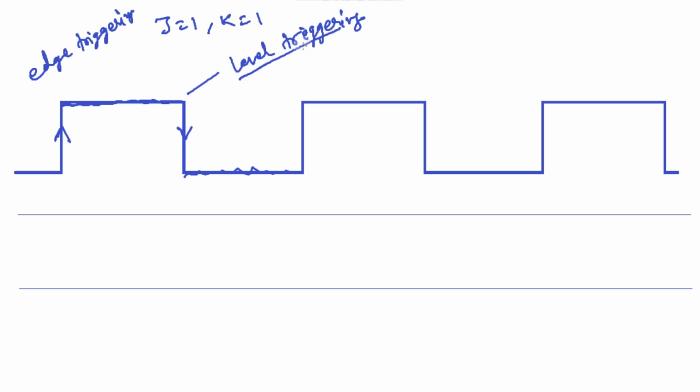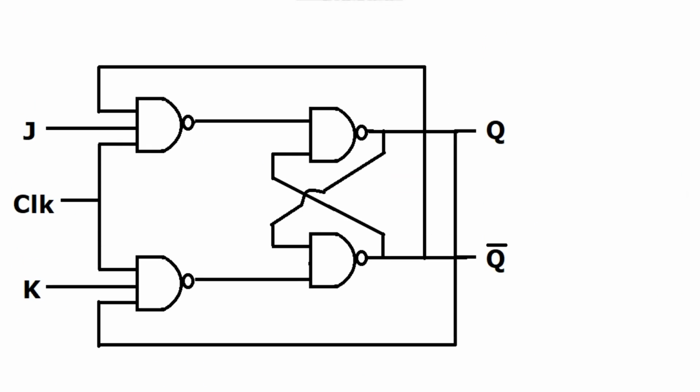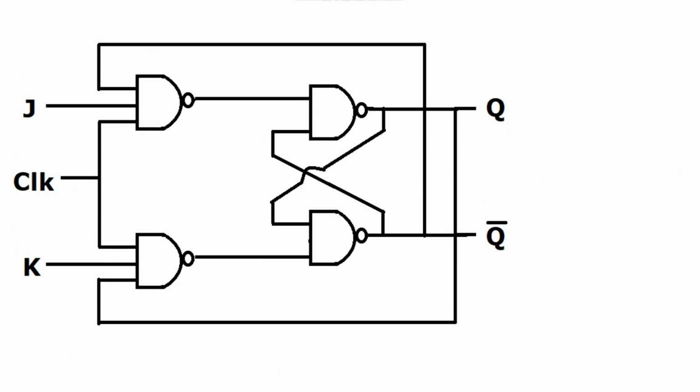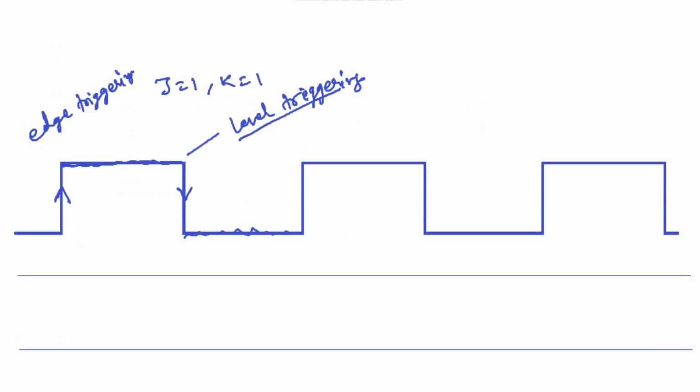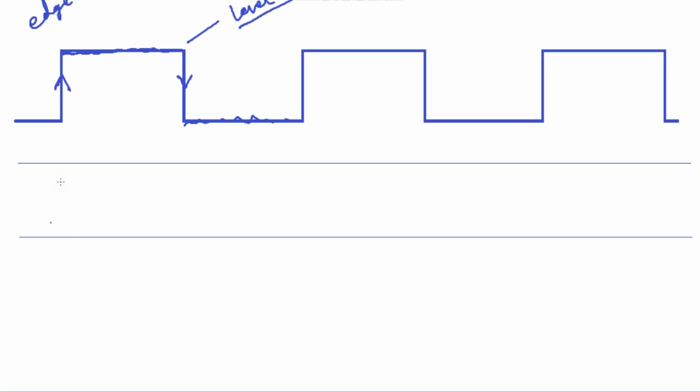What happens if we think about this JK flip-flop circuit? When J is equal to 1 and K is equal to 1 under a high clock, it will start toggling. If the previous state is 0, it will become high, then low, then high, then low.